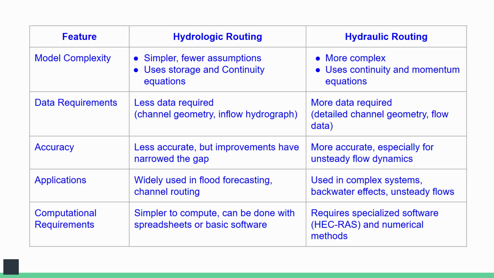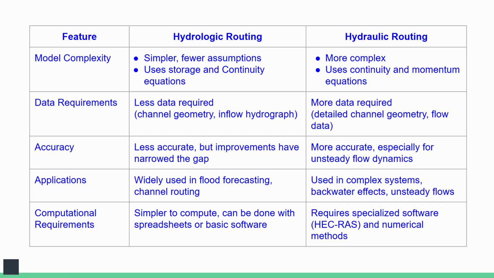Also, for accuracy, hydrologic routing is less accurate, but improvements have narrowed the gap, while hydraulic routing is more accurate, especially for unsteady flow dynamics.